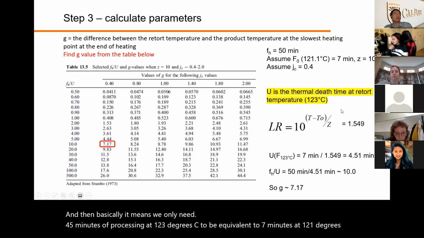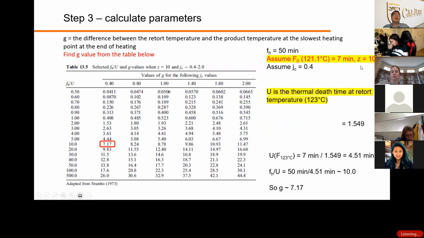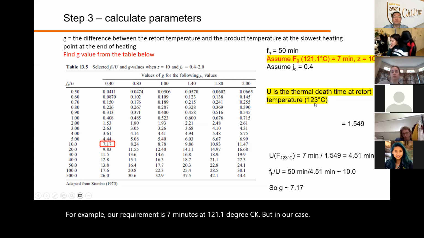Maybe I should slow down a little here. Does everyone understand what I mean? So this is our assumption. First, let me state that. For example, our requirement is 7 minutes at 121.1 degrees C. But in our case, our retort temperature is 123.